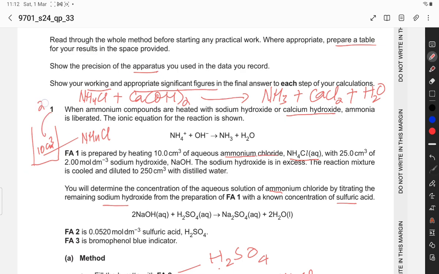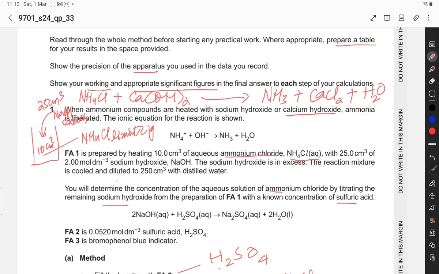Add 25 cm³ of sodium hydroxide in this beaker. The sodium hydroxide is in excess. This is in excess. This is limiting. This is excess. Okay, the sodium hydroxide is in excess.